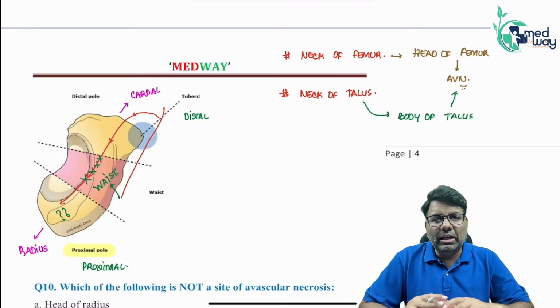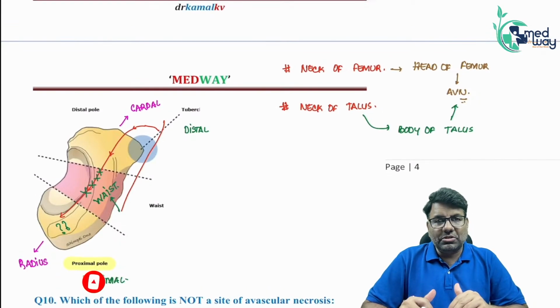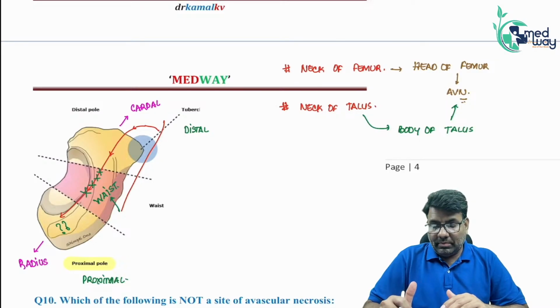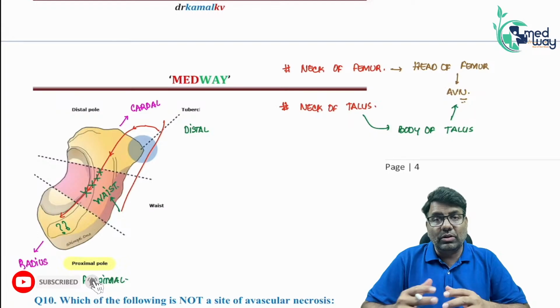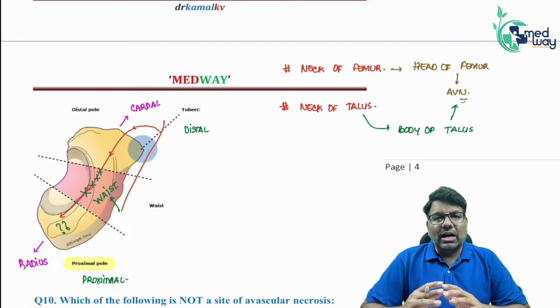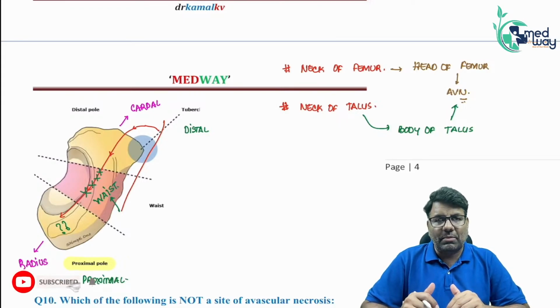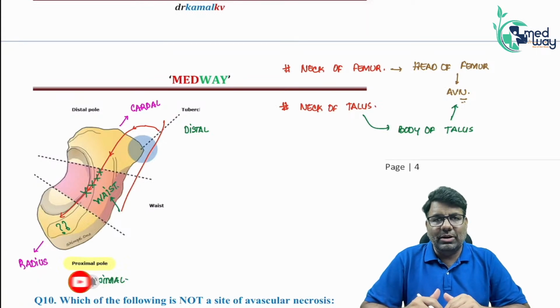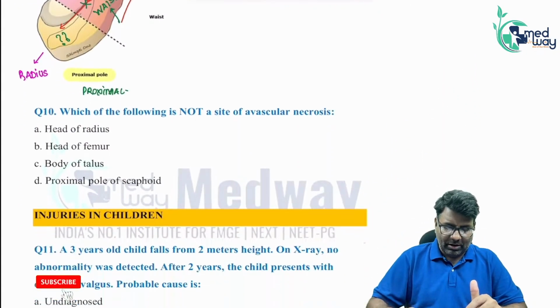So these are the three important examples from which the questions are usually framed, and you should know the location of the fracture and the area which is prone to develop AVN, and the basic concept remains the same. The arterial blood flow is in such a manner that if it is disrupted, the area which is undergoing necrosis will be devoid of the arterial blood flow. Clear? So this is in short about AVN.